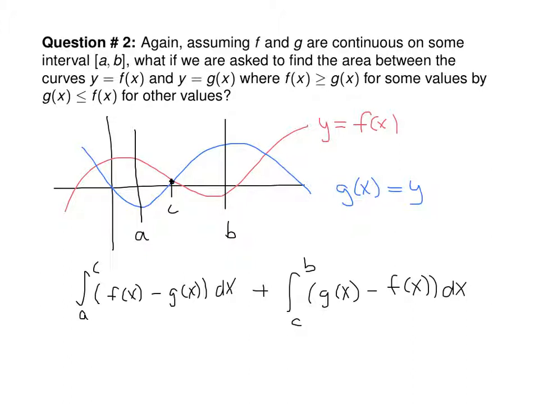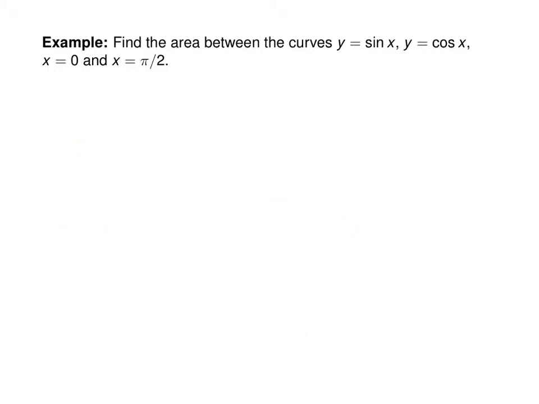All right, here's an example of this. So we have the area between the curves y equals sine x, cosine x between x equals 0 and pi halves. You have to remember how to graph trig functions. Okay, so sine x first. So sine of 0 is 0.